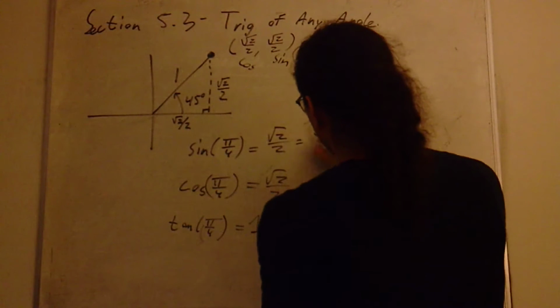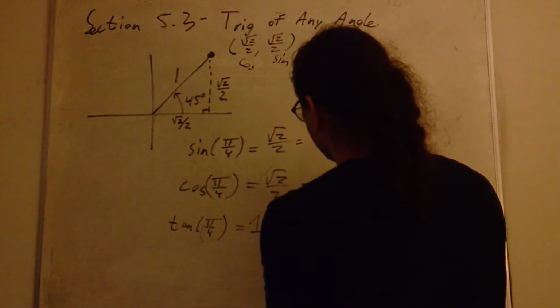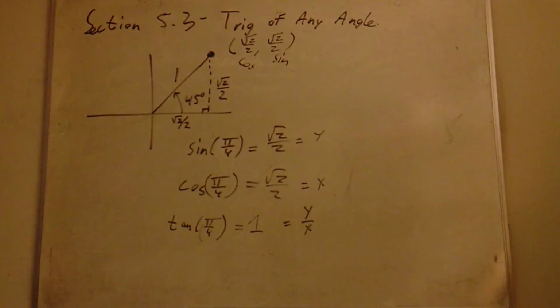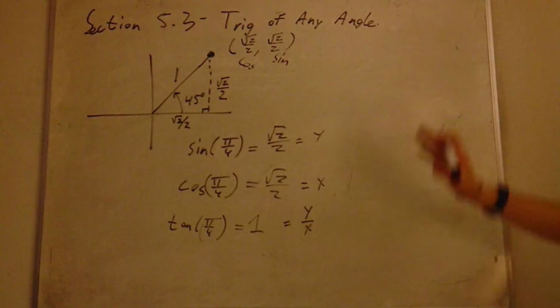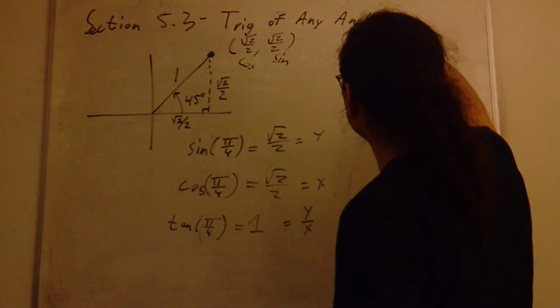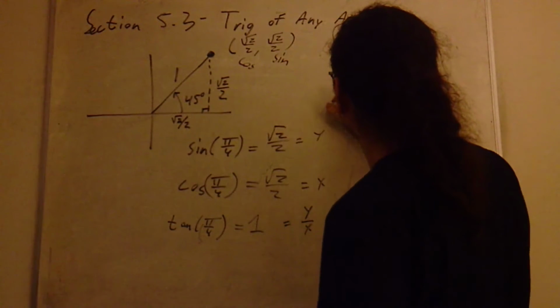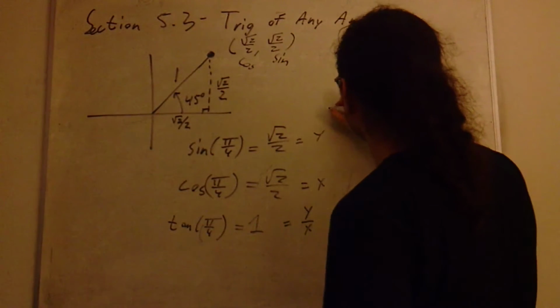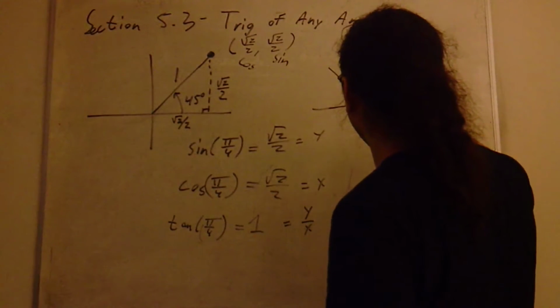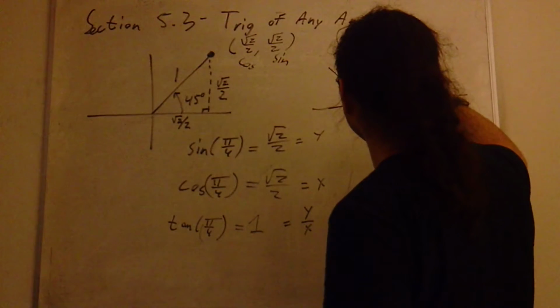So this is our y value, this is our x value, this is the quotient y over x. So, we're going to take this idea and we're going to look at what happens if I want to talk about a 135-degree angle.